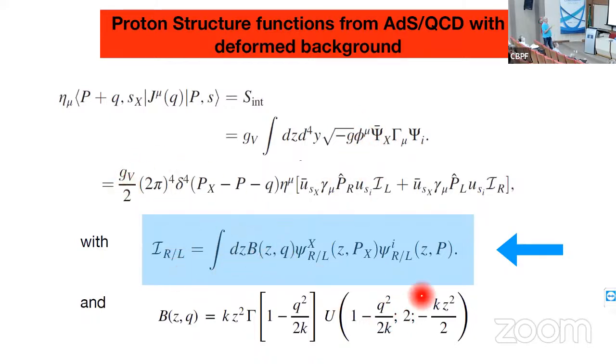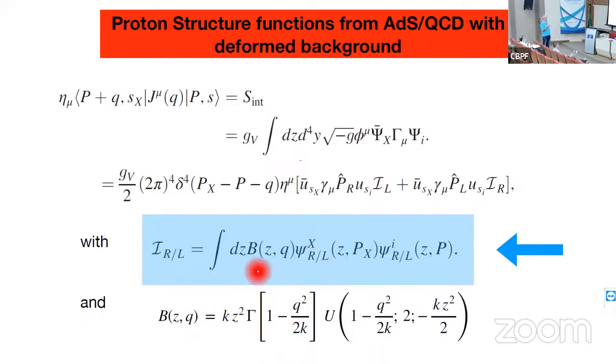So actually, what we have is this very important expression here, which summarizes what we are calculating in the DIS from the holographic point of view. We have psi I and psi X representing the initial and final baryon, and this B is some part of the photon, apart from the plane wave and the polarization of the photon.